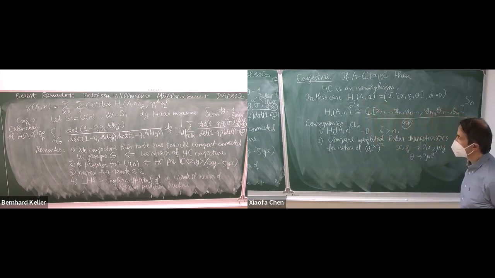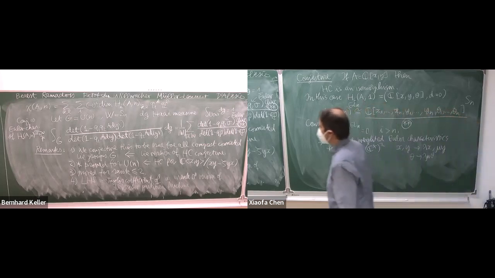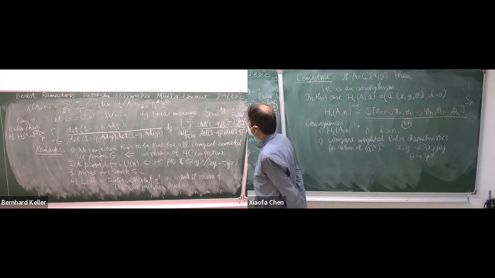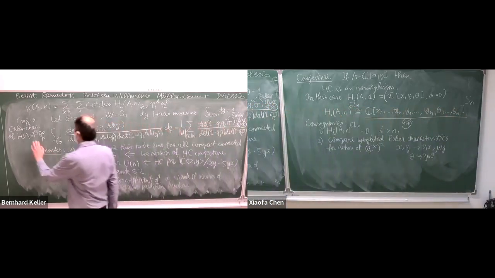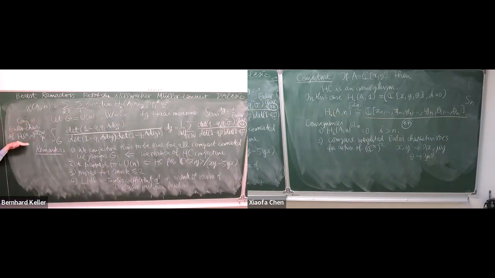And then you can also introduce matter fields, which corresponds in this language not to considering only the GL_N invariant component, but all isotypic components. For each isotypic component, in the Nekrasov case, you have some kind of tautological bundle corresponding to the representation.